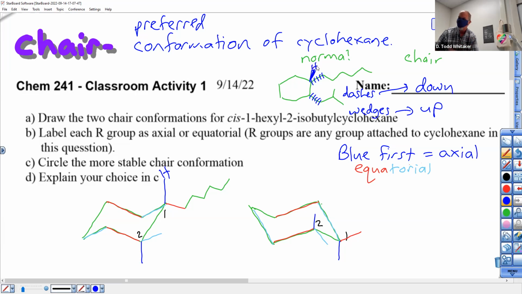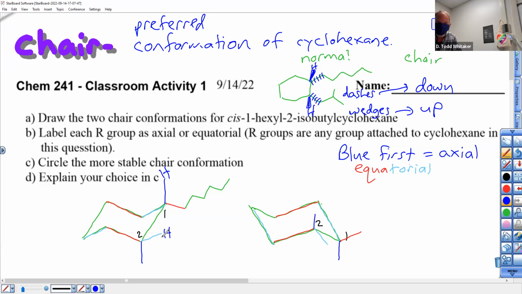Has to be a wedge because you already used the dash, right? Same story over here. That means the H is this bond, doesn't it? So convince yourself that saying wedge doesn't mean equatorial or axial, does it? Wedge means up. Here, the up happens to be axial. Here, the up happens to be equatorial.